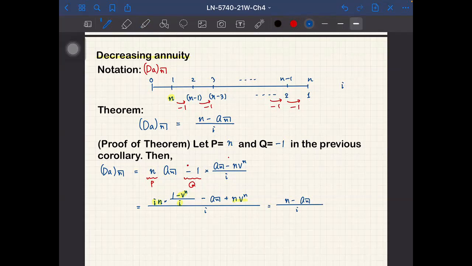So this is the end of the proof. The point is that once we proved the previous corollary, it's general for all P and Q, so this theorem can be derived from that corollary.